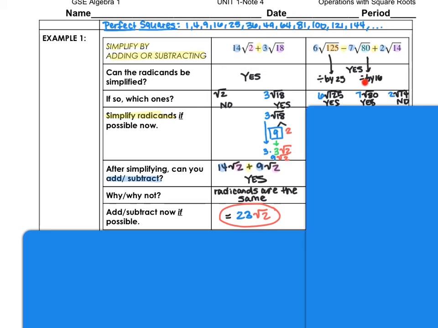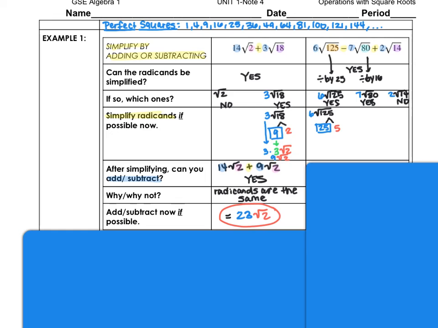So that means you're able to rewrite the radicand 80 using the perfect square 16. But if we tried 14, there's no number in our perfect square list other than 1 that we can use to divide 14 by. So 2 square root 14 cannot be simplified, but the other 2 radicands can.